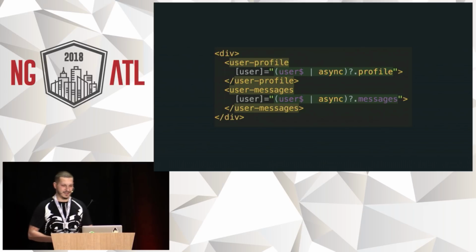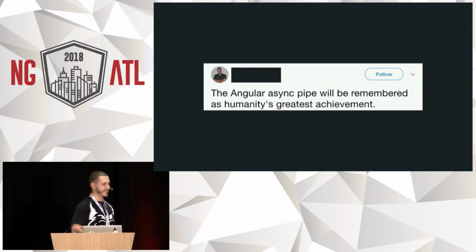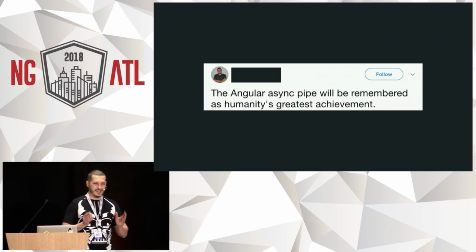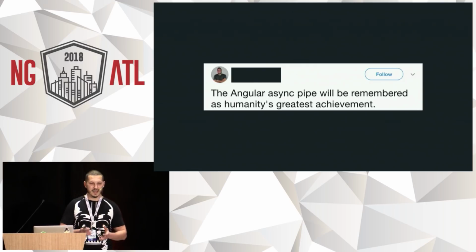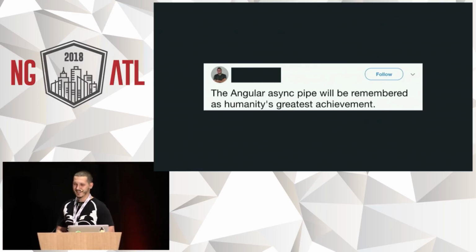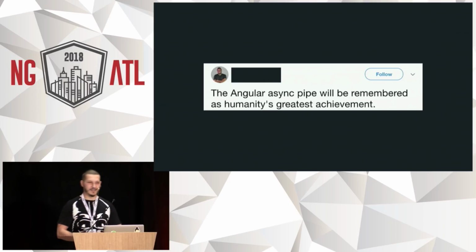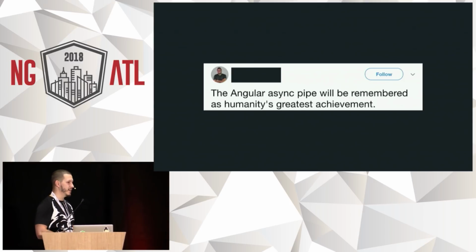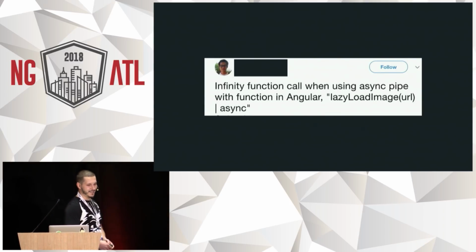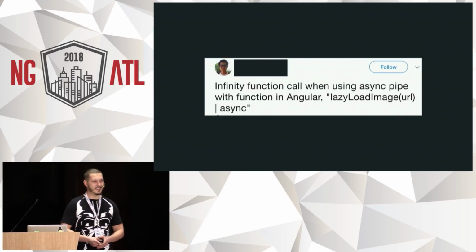It's nice for performance. Really is. Folks on social media say that the async pipe will be remembered as humanity's greatest achievement. Really. And of course, nobody will use async pipes on top of an HTTP request, for sure. Even for loading images.